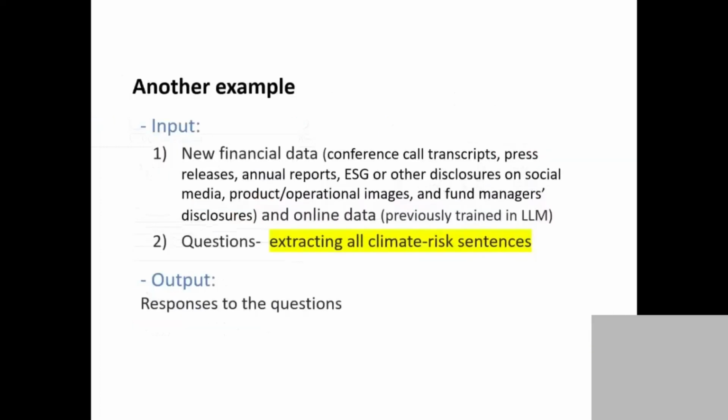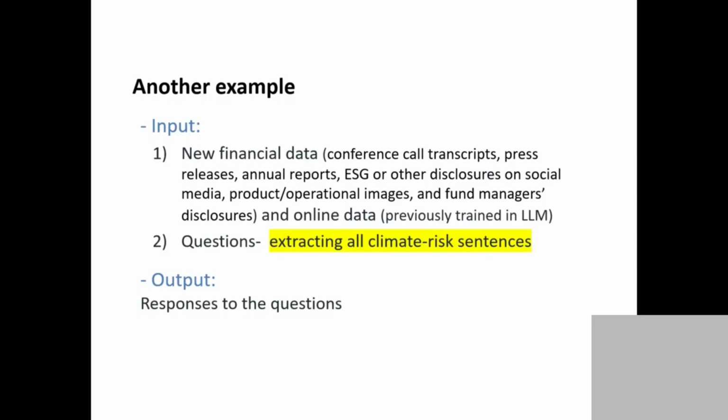Let's use a simple example, I don't want to overwhelm you guys, of how we tune GPT. This is the setting I want you to work with. I give you a conference call transcript, and let's say the conference call has 10 sentences.